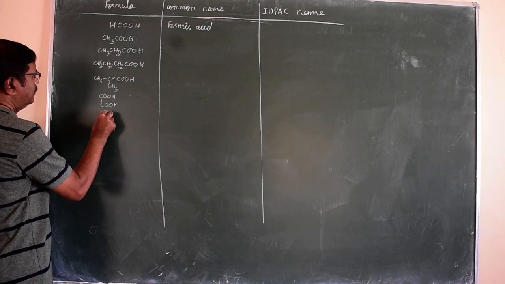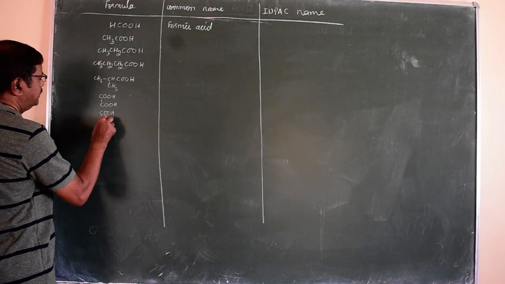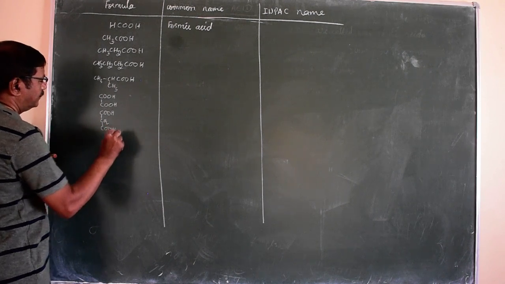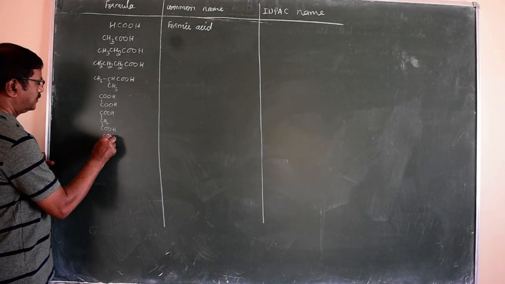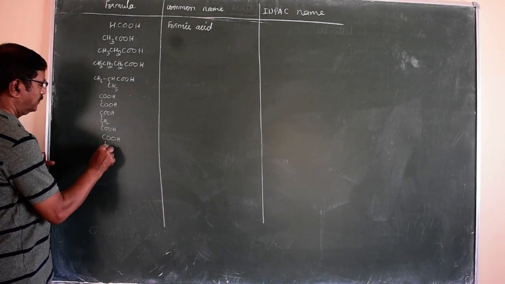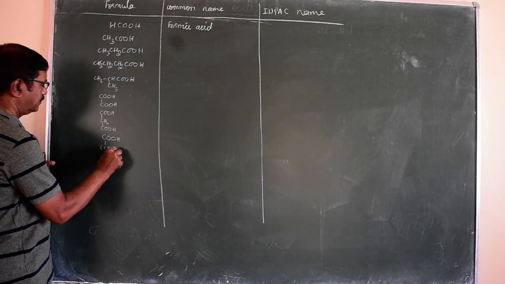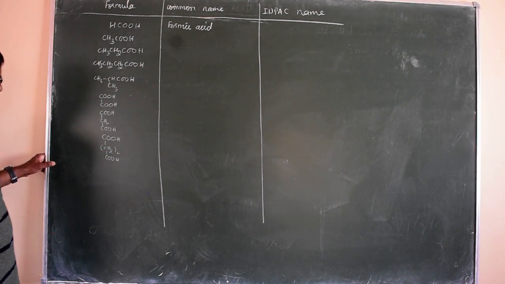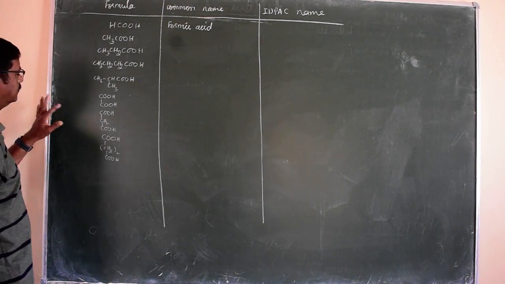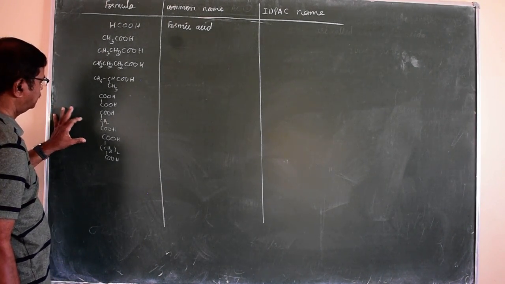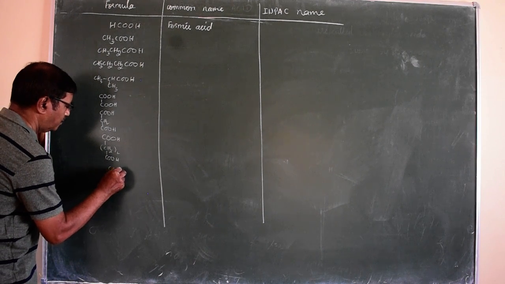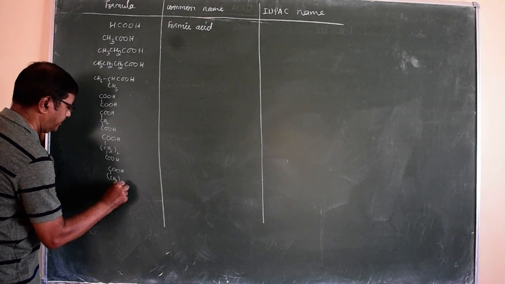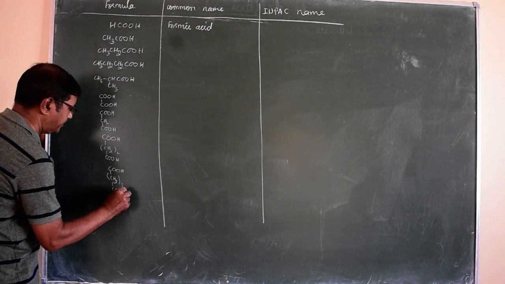Then COOH CH2 COOH. Then COOH, CH2 twice, COOH. Then we have COOH, CH2 thrice, COOH.